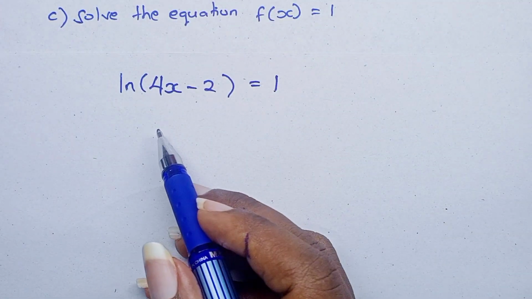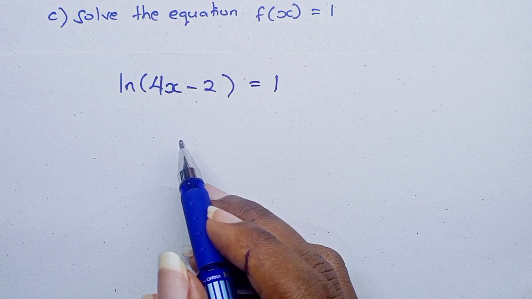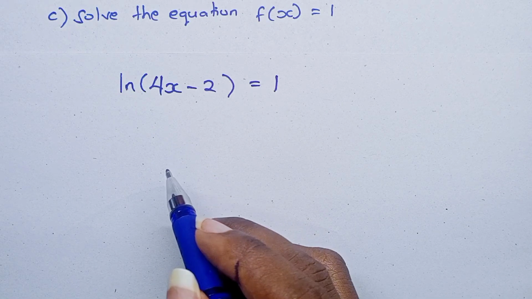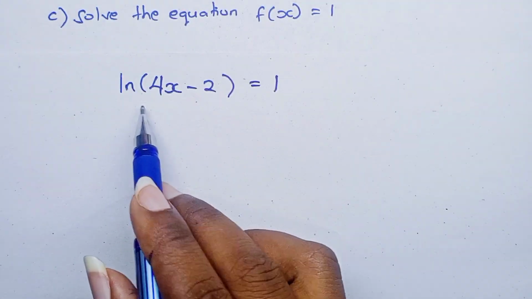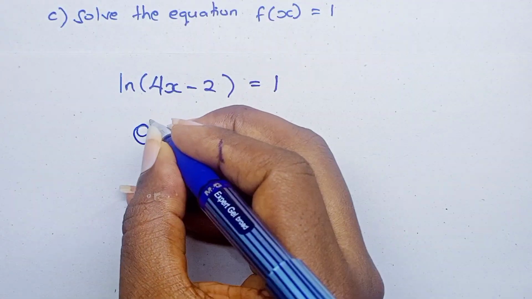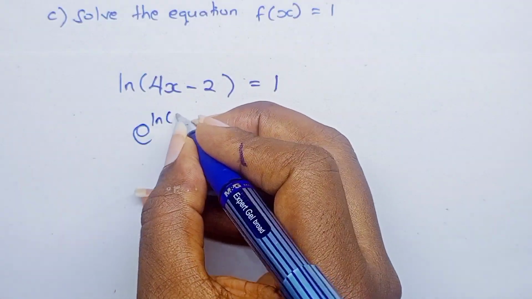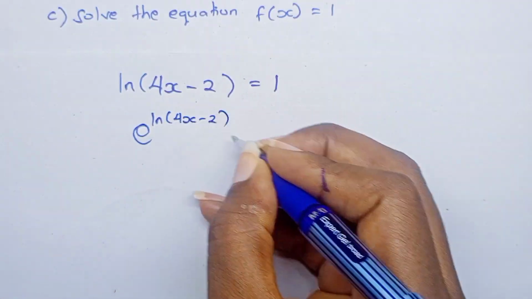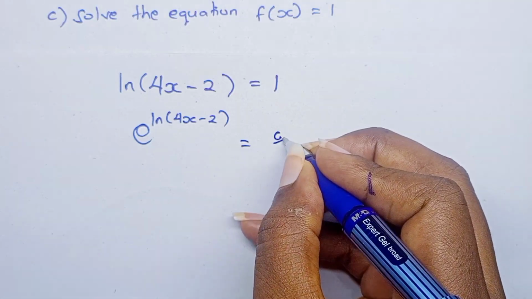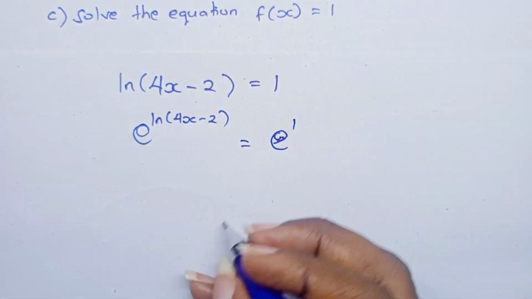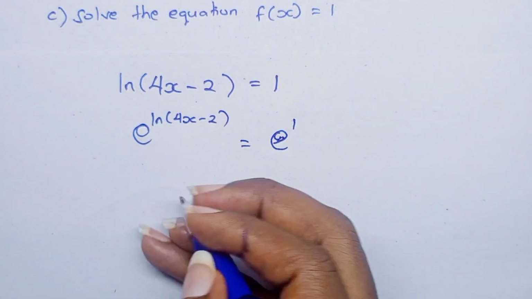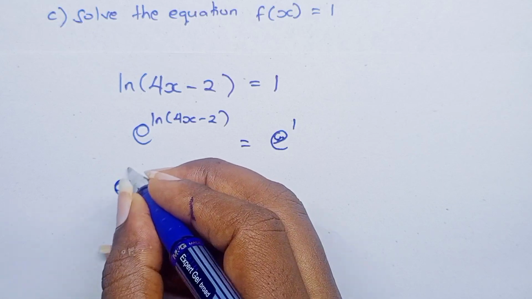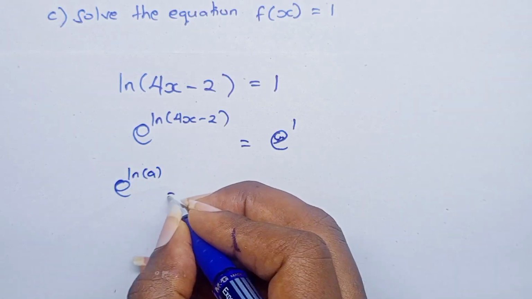Now let us apply the exponential function of base e to both sides of the equation to eliminate this natural logarithm. So we shall have e power natural log of 4x minus 2 equals e power 1. Remember we said that e to the power natural log of a is equal to a.